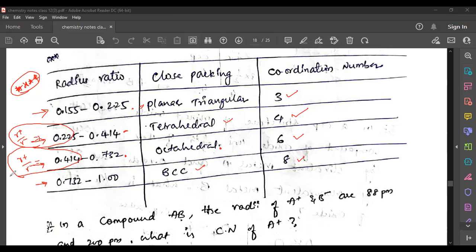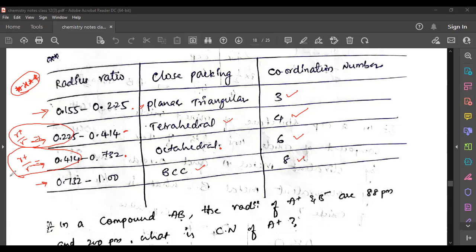So what are the topics we covered in today's class? R plus by R minus, that is radius ratios.